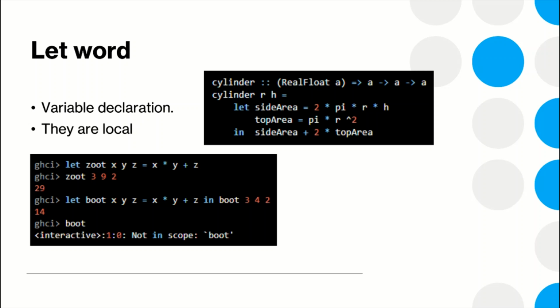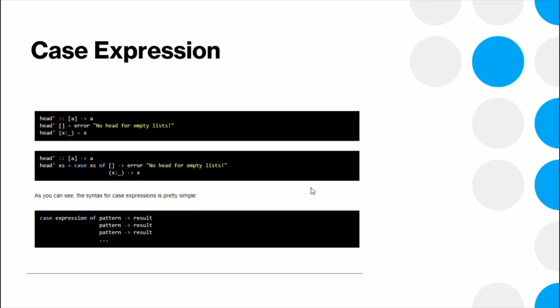So in the case of the cylinder function, we have two parameters, r and h, and we have two local variables, side area and top area, and then in the in part we are using these variables. If we don't specify the in, those variables are going to be local to the context where they are used.